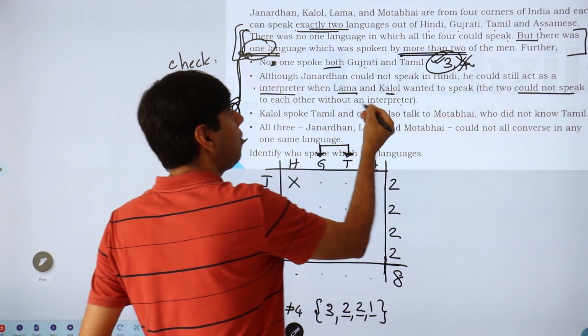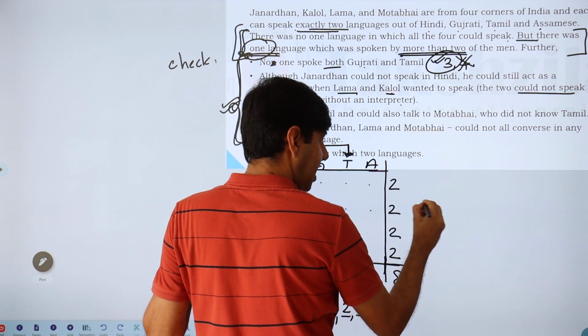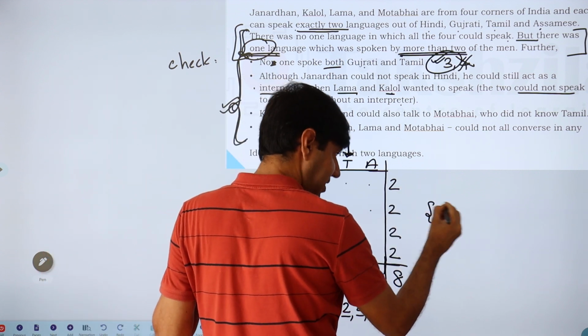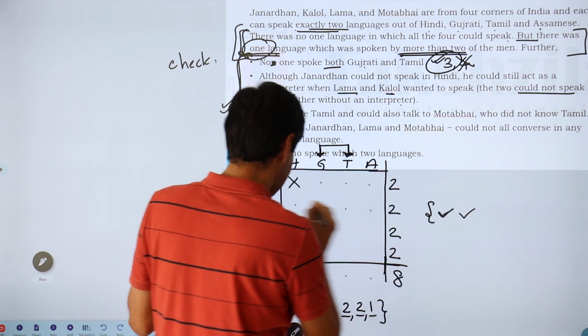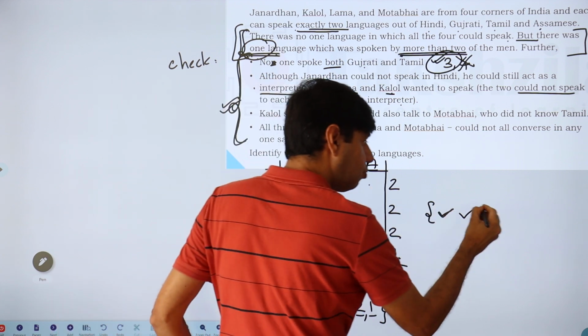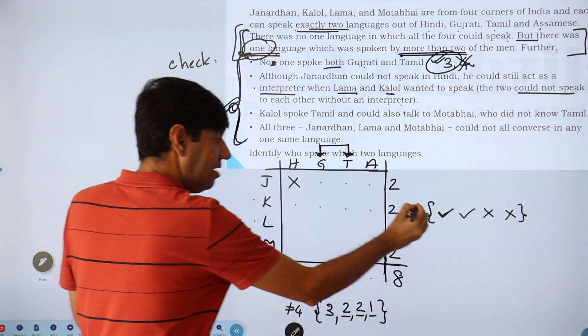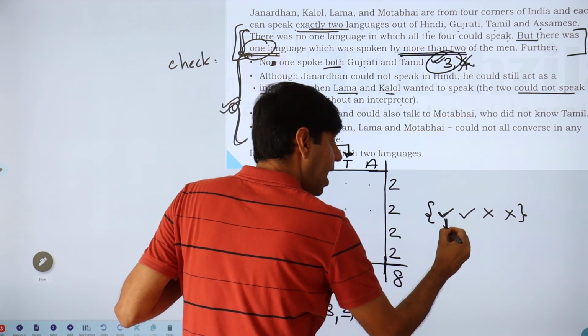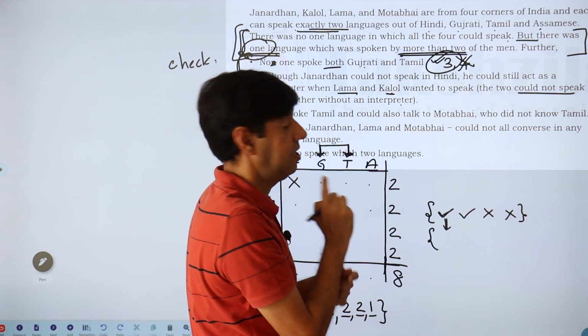So these two cannot speak to each other. What that means, pay attention, is that again I don't know where, hence the brace bracket, but there will definitely be 2 ticks in Kalol's row and only 2 ticks. The others will be a cross. Now wherever there is a tick in Kalol, Lama cannot speak that language because they cannot talk without an interpreter.